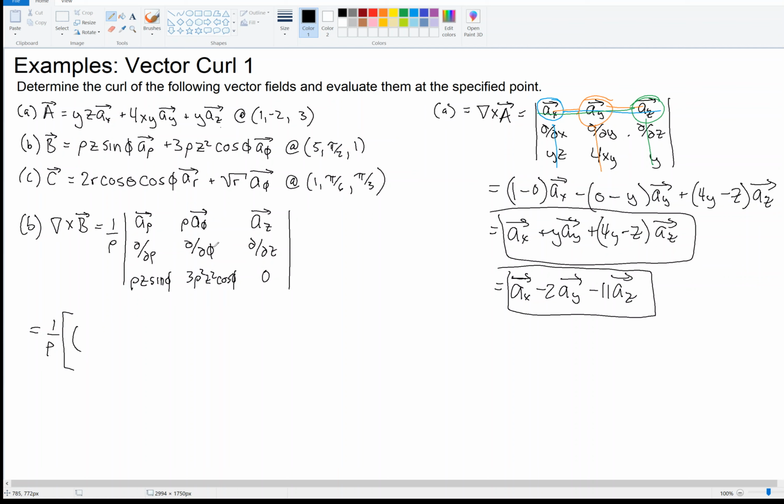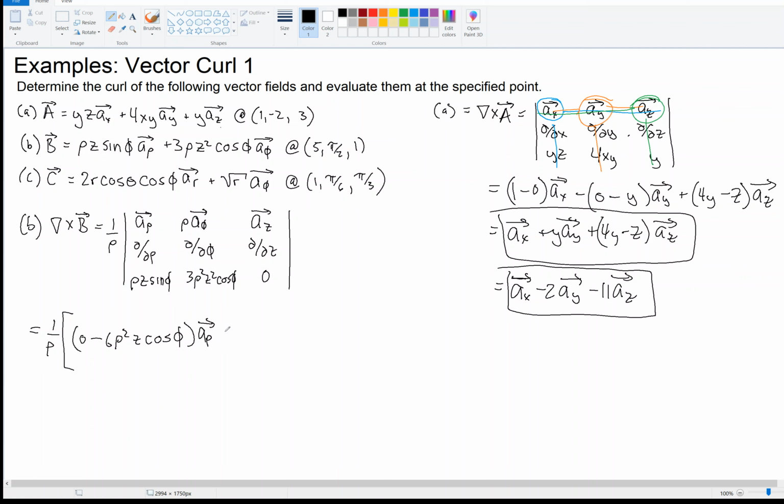So I've got the d d phi operator operating on 0, so that's 0, minus the d dz operator operating on this thing, so that's a 2. The 2 comes down in front, makes 6 rho squared z cosine phi, like that, and that was in the rho direction.